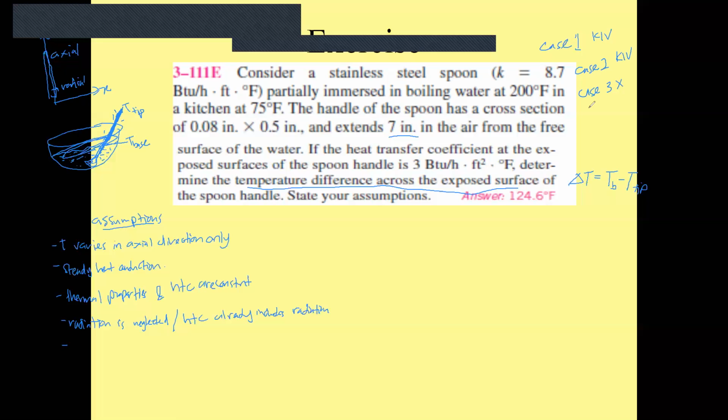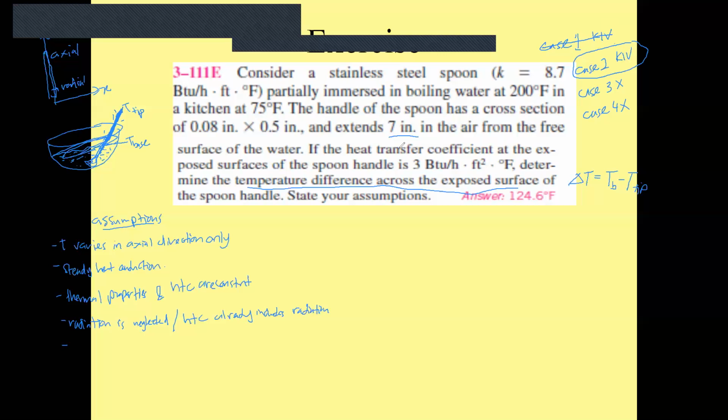It also doesn't state how much heat convection to the tip, right? So you can use either of these, but it is safer to use this because it did not say here that the temperature at the tip is that of the surrounding, okay? So it's safer for you to use the second case, okay?